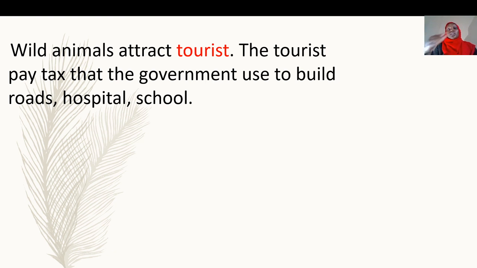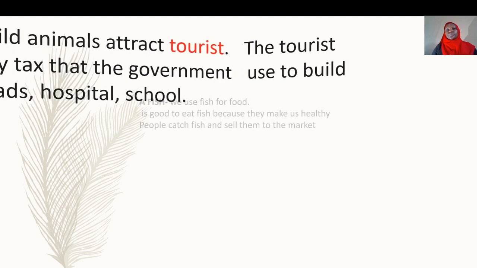Then the government uses this tax to build the roads, hospitals, or schools. So the wild animals make the tourists come into our country, and when they come, the government gets money to build roads, hospitals, and schools.